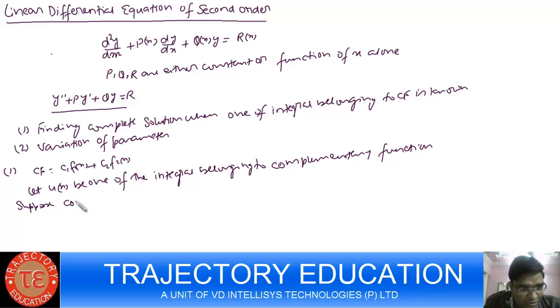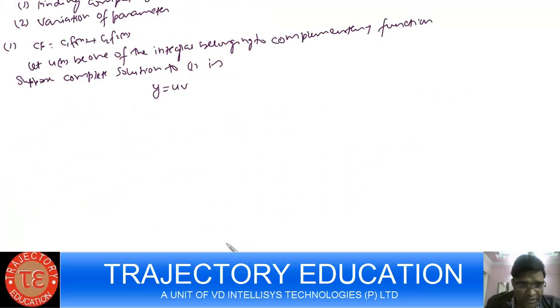and let's suppose a complete solution is given by y equal to uv, where v is the function which we have to find. One of the integrals is known, so we have to find v such that y equal to uv is the complete solution.